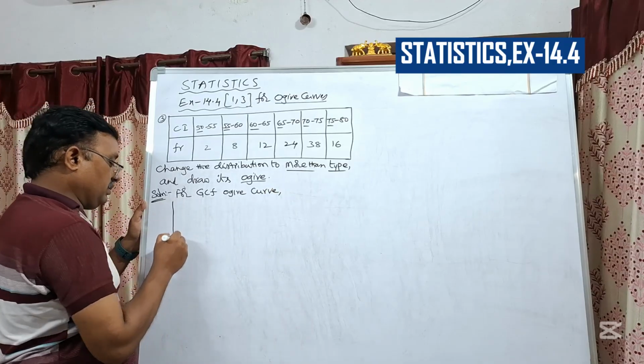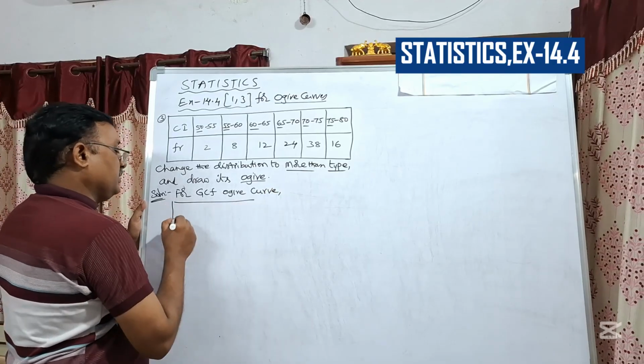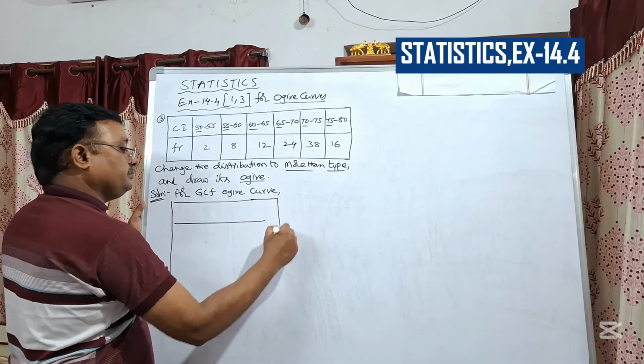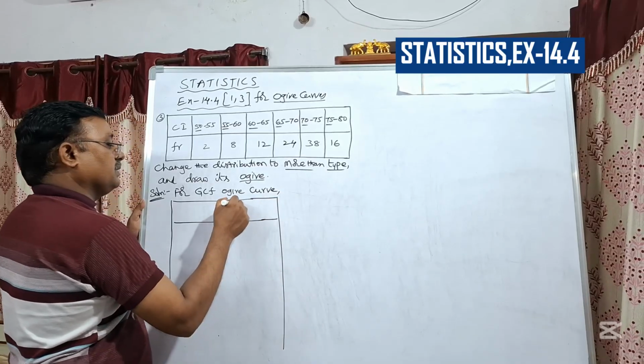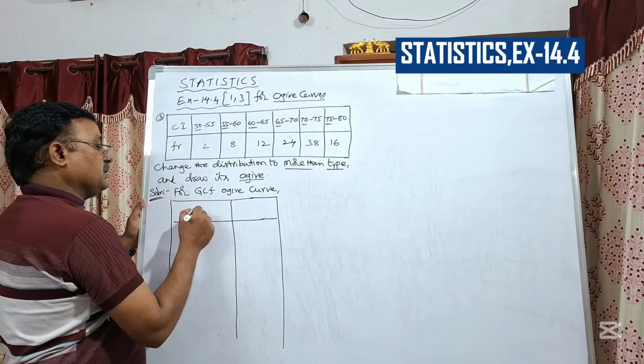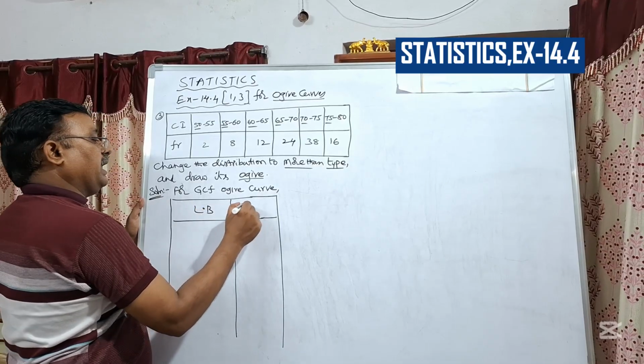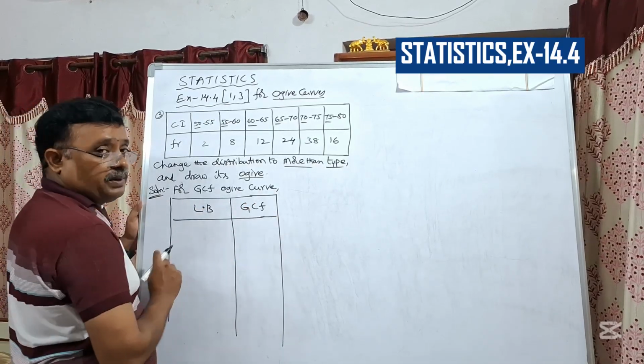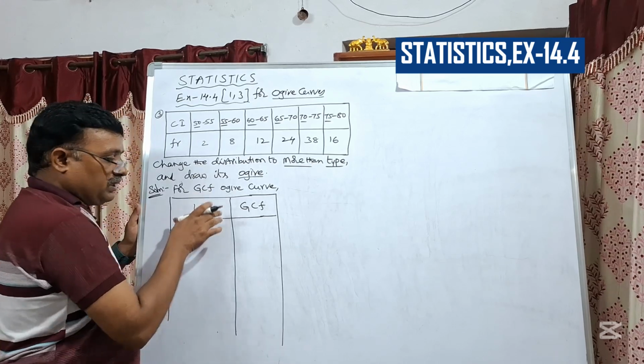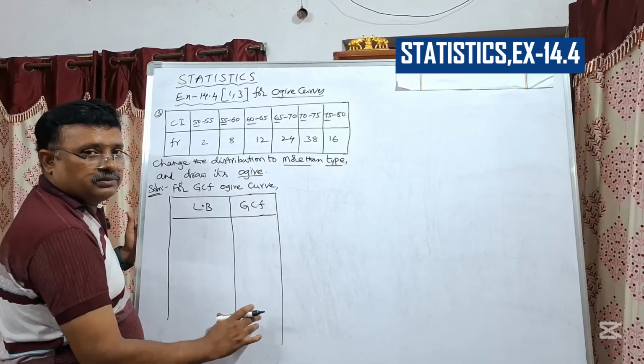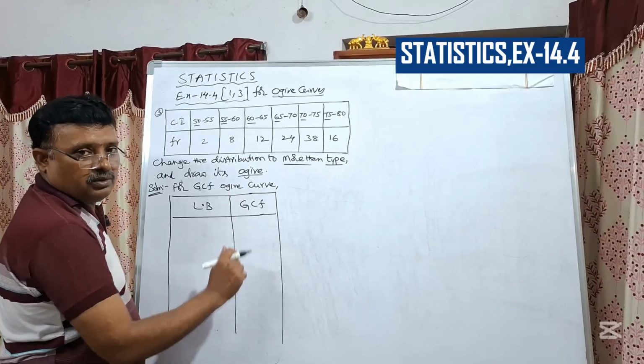The required table will be like this, with two simple columns, one based upon lower boundaries and the second based upon the GCF value. One gives the x coordinate, another gives the respective corresponding y coordinates.